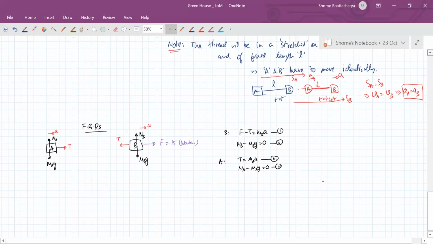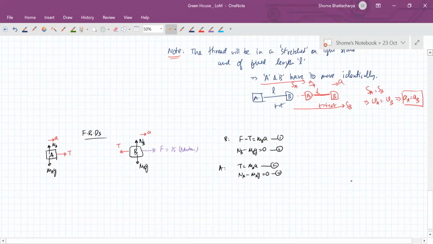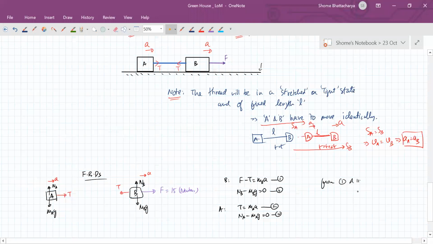But from equations 1 and 3 you can see F minus T is equal to mass of B into A, and T is equal to mass of A into A. So this is what I require. I need to find acceleration and tension. So two equations, two variables.